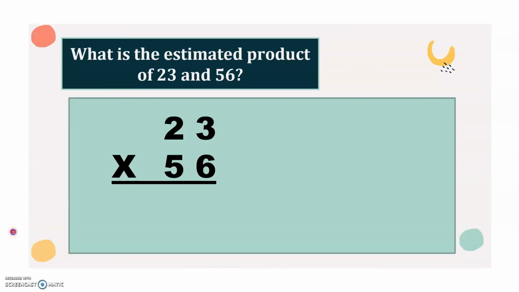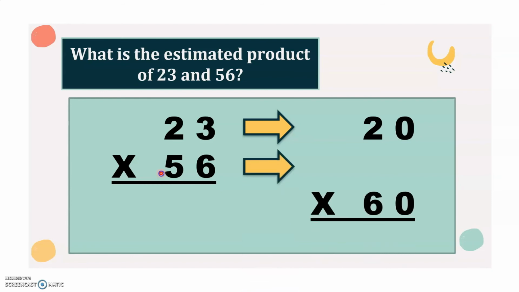Okay, so what is the estimated product of 23 and 56? Again, to get the estimated product, we need to round off each factor to the highest place value. 23 rounded off to the highest place value is 20. How about 56? 56 rounded off to the highest place value is 60. Okay?